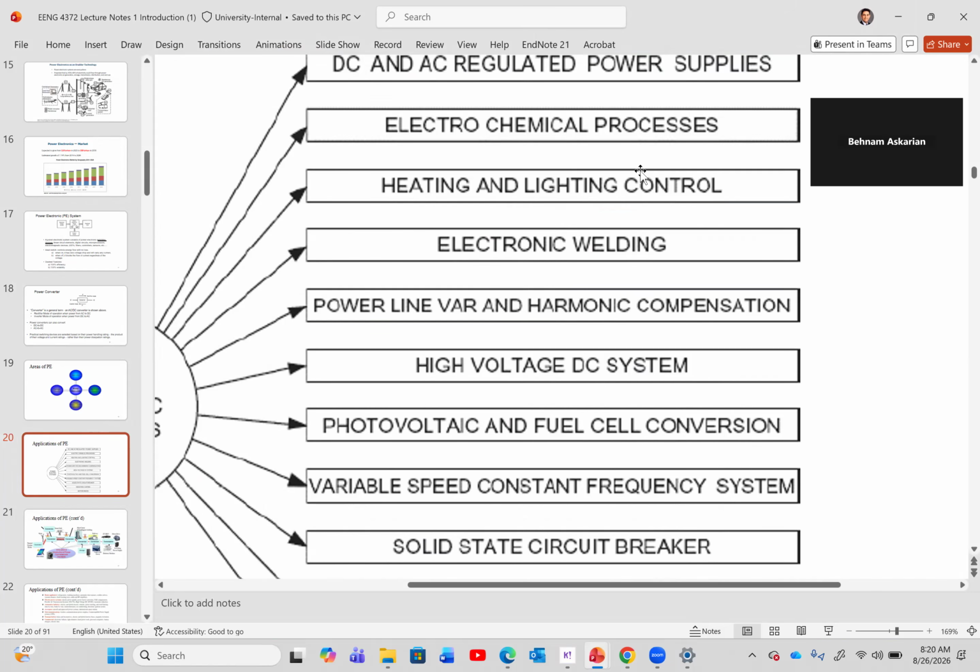Now, another application is power line volt-amp reactive and harmonic compensation. We learned that for power factor compensation, to reduce the reactive power and increase the real power, we added a capacitive bank for power factor correction.